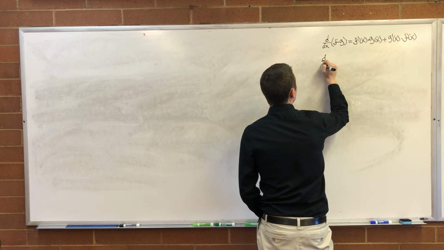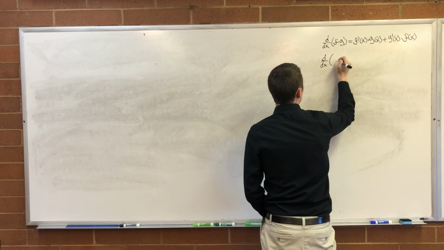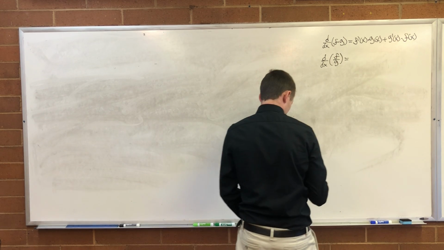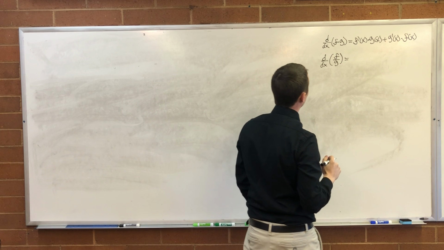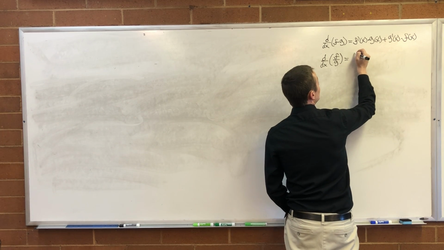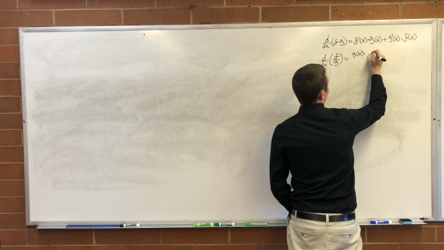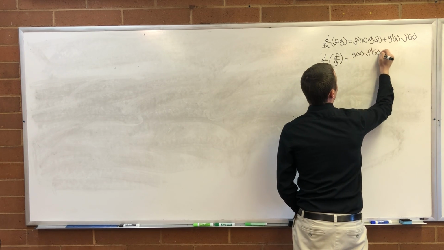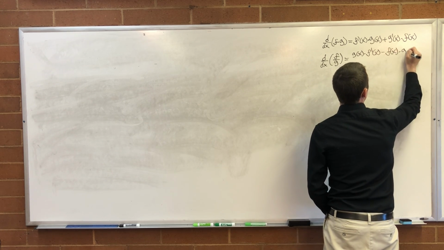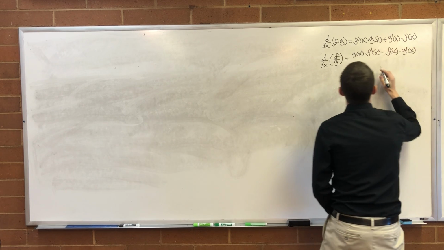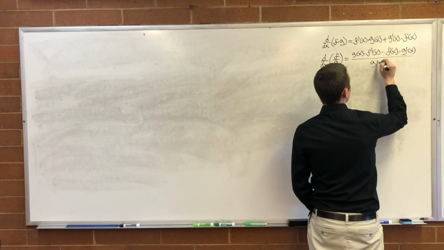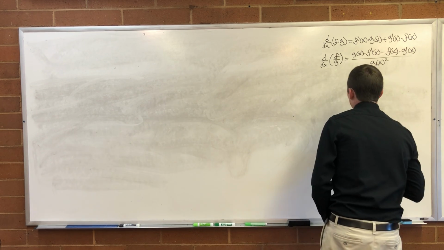And the quotient rule: low d high minus high d low, squared to bottom. Okay.